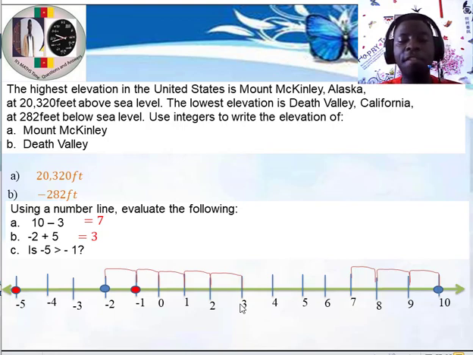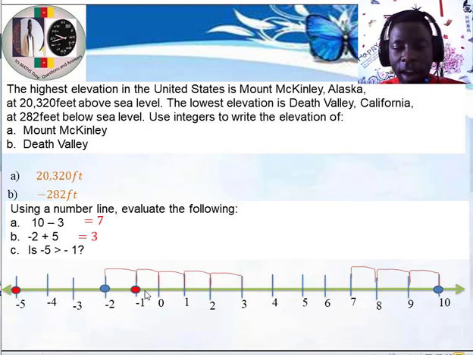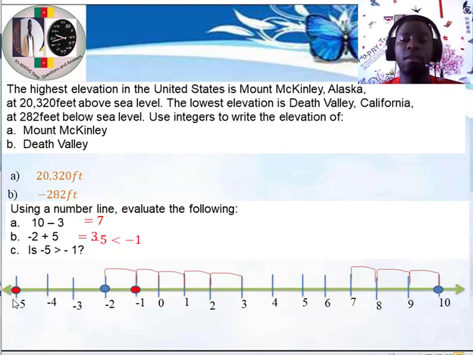If minus 5 is to the right of minus 1, then we say minus 5 is greater than minus 1. But if minus 5 is to the left of minus 1, then we say that minus 5 is less than minus 1. So from this number line, minus 5 is here and minus 1 is here. So minus 5 is to the left of minus 1. Then we say minus 5 is less than minus 1.